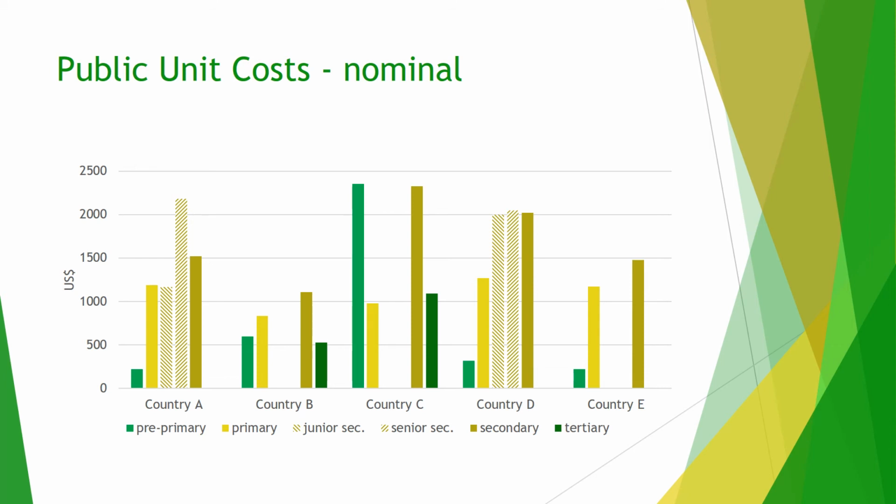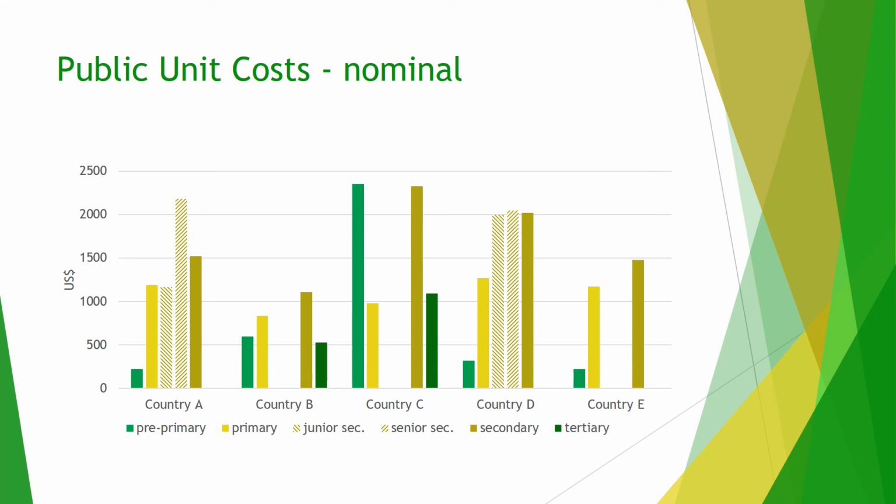You see that in country A, for instance, the unit cost varies from approximately 200 American dollars per year per child in pre-primary to approximately 2,200 dollars for senior secondary. Okay?